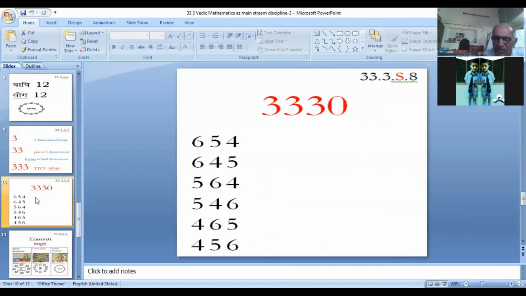Lord Brahma is the overlord of 4 space, Lord Shiv is the overlord of 5 space, Lord Vishnu is the overlord of 6 space. Now these values 6, 5 and 4, for their triple placements, will make six setups, and these six setups as values, when summed up, lead us to value 3330.